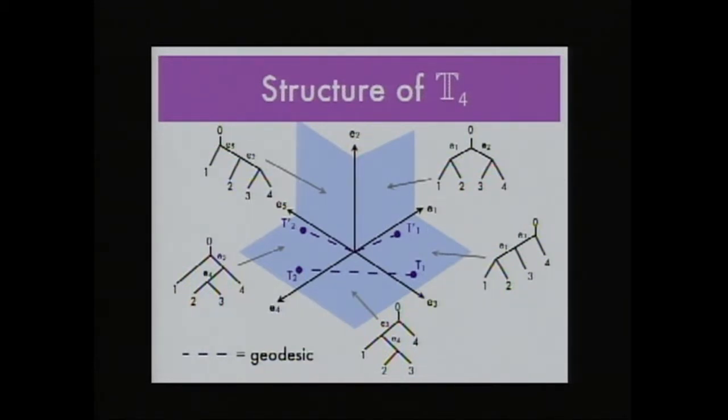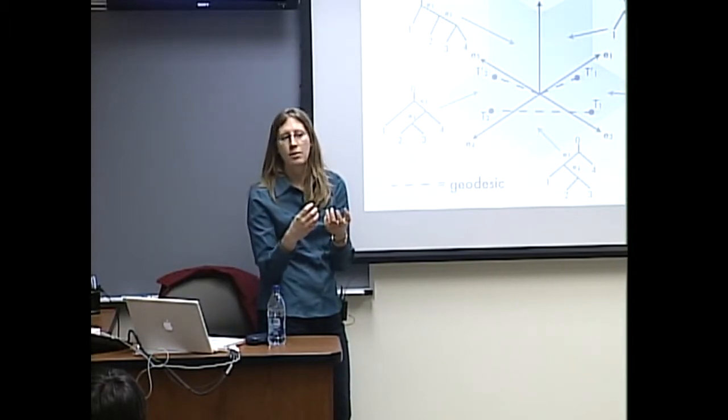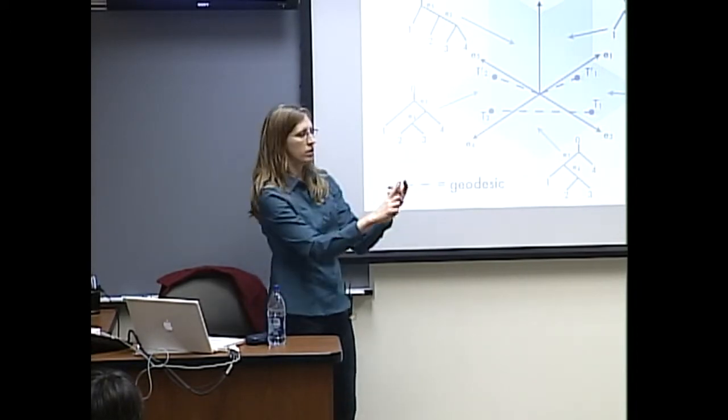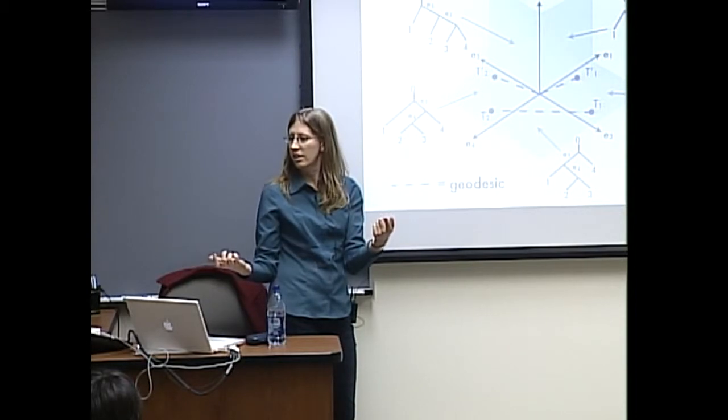Yeah? Is there something that constrains the number of possible edges that you could actually grow, as I move between trees? Yeah, because you're constrained. We're going to get into that, but for instance, as we move along the geodesic, you never bring in an edge that's not in the target tree.